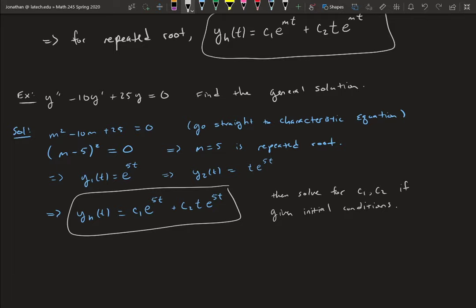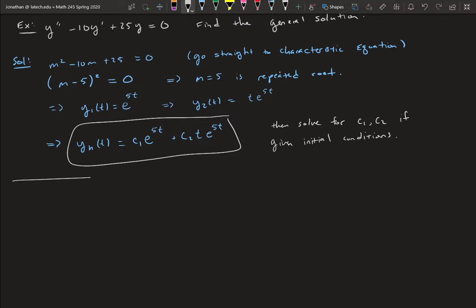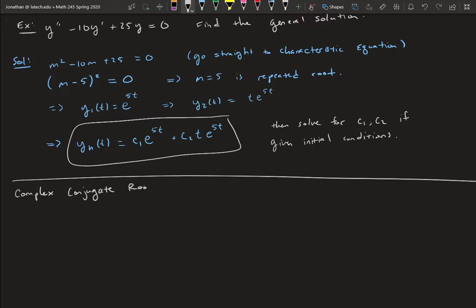But let's get into complex roots. Complex conjugate roots for a y double prime plus b y prime plus cy equals 0.